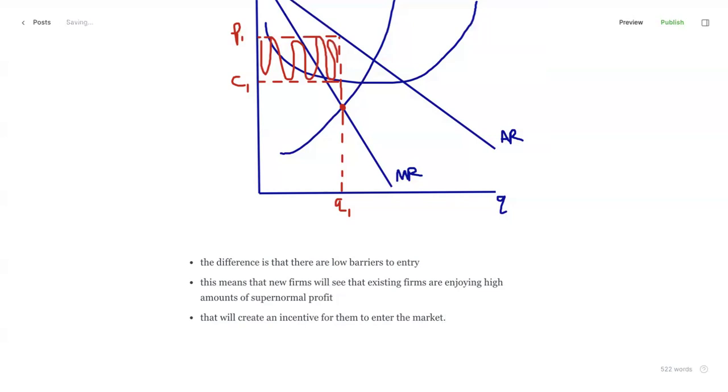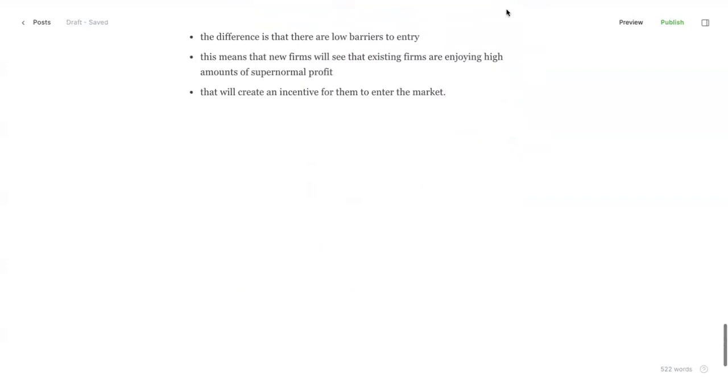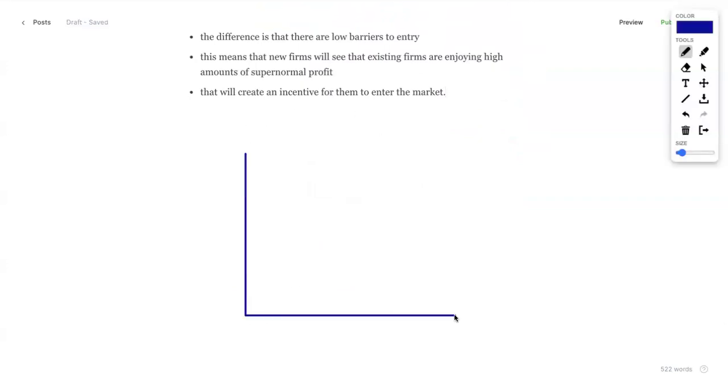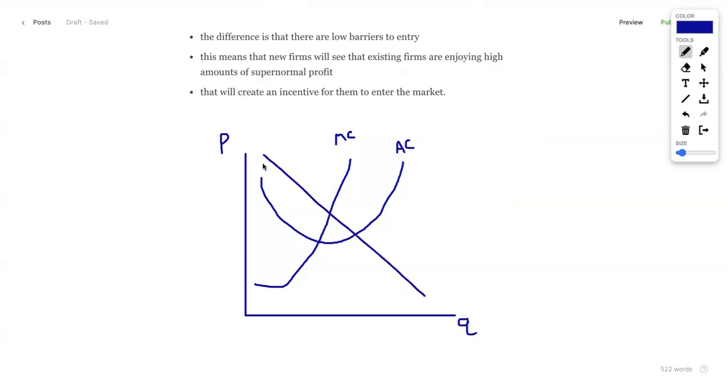What we do is we start off the same way. So we start off with MC, same thing, MC, AC. Now, what happened was before we had AR over here and MR over here, but now it's changed.